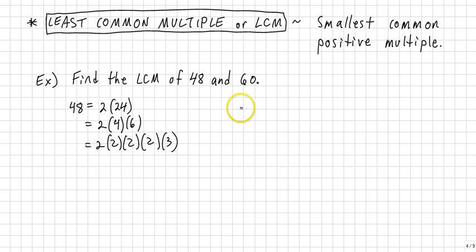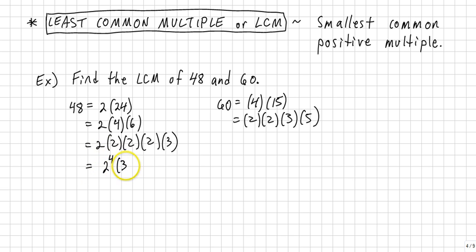And then let's do 60. 60 would be 4 and 15, which is 2 and 2, 3 and a 5. Okay, so now we don't necessarily want what they have in common. So this is 2 to the 4th times 3, and this is 2 squared times 3 times 5.